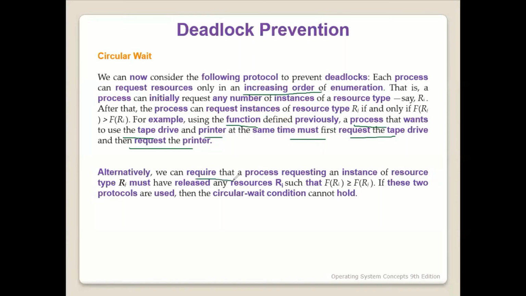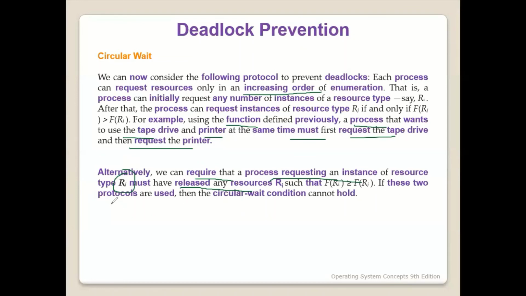So we can require that a process requesting an instance of a resource, let's say Ri, must have released any resources like Ri, because it has more instances, like 2, 3, 4, 5 instances.